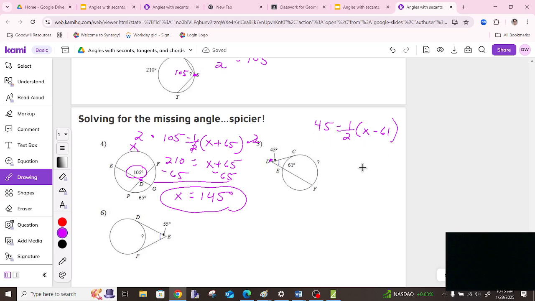What do I do on both sides to get rid of the half? Multiply by 2. And then you get 90 is equal to x minus 61. Now what am I going to do to both sides? Add 61. So x is equal to 151 degrees.